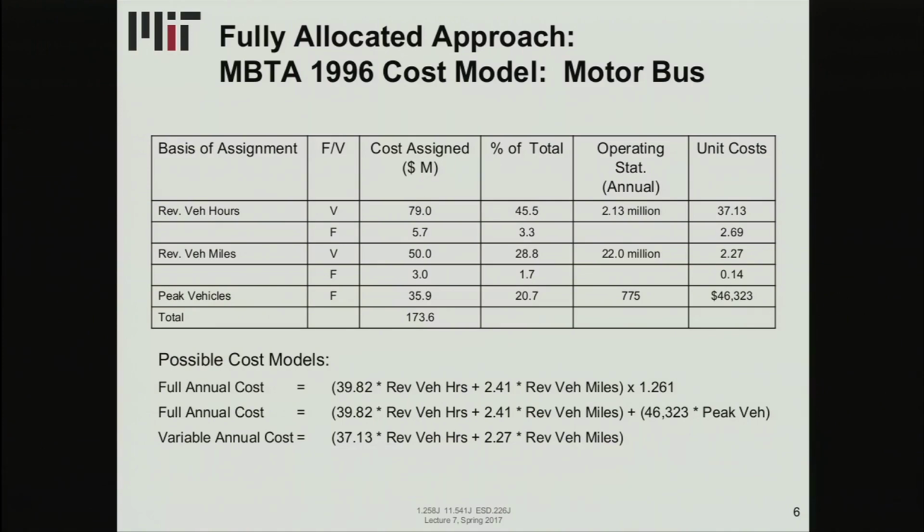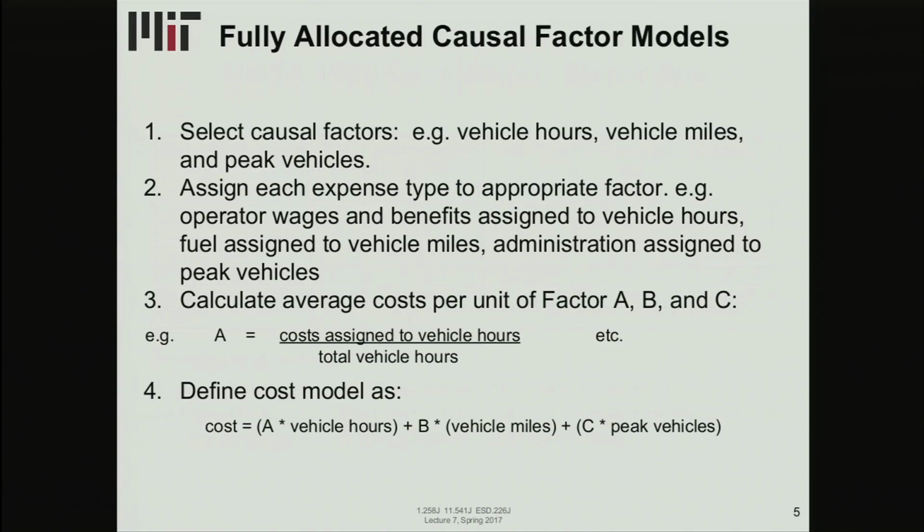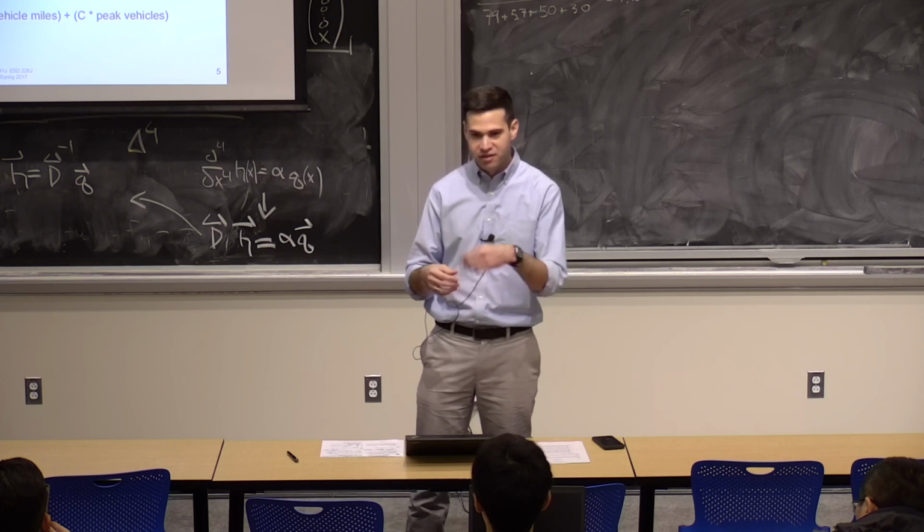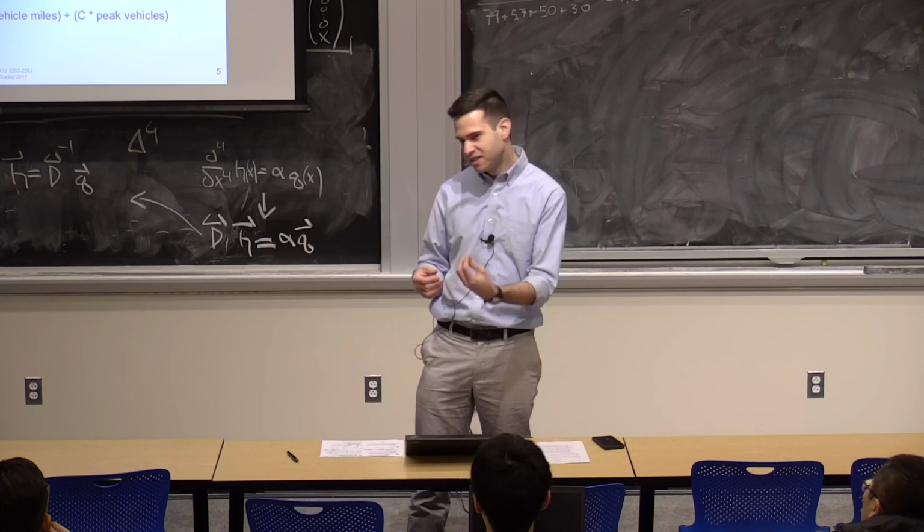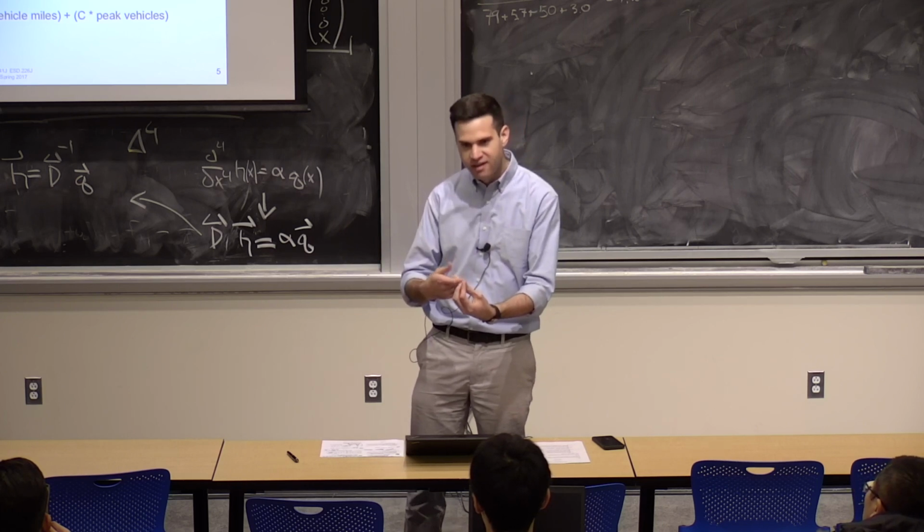It goes back to, so the question is why does this model not adequately capture peak versus off-peak costs? So it goes back to this calculating average costs by factor, right? So these are averages. We're taking averages of all the vehicles at all times of day and explaining them with an explanatory variable that is not necessarily what is directly causing it, right?